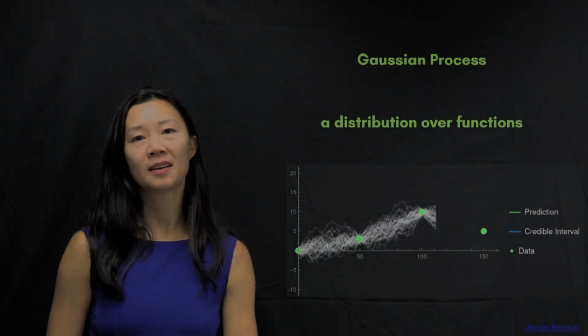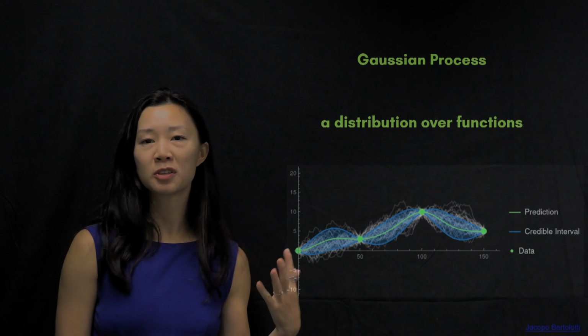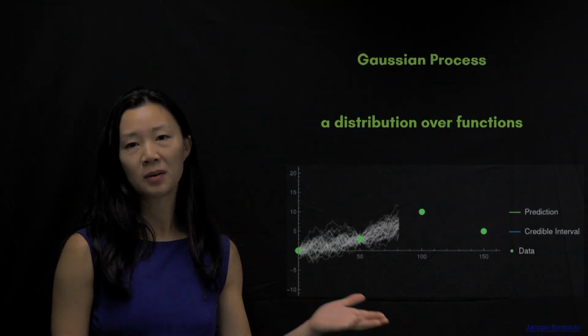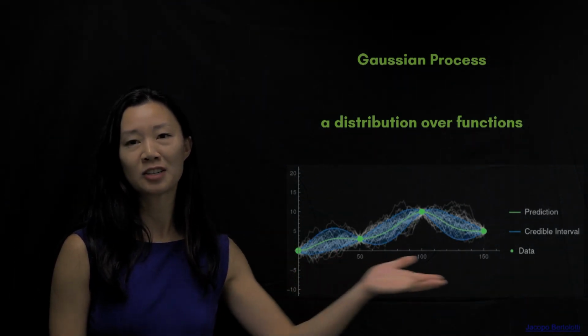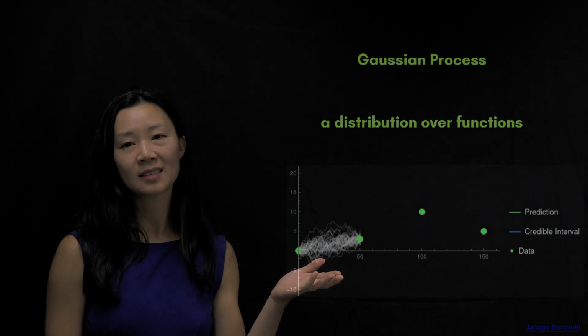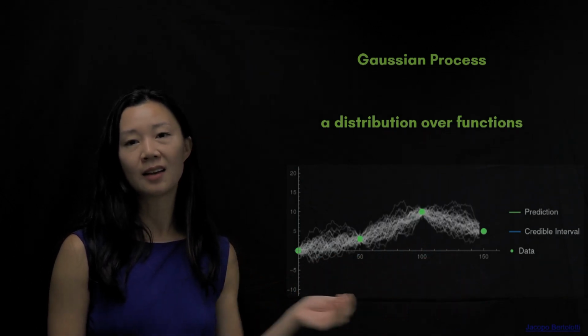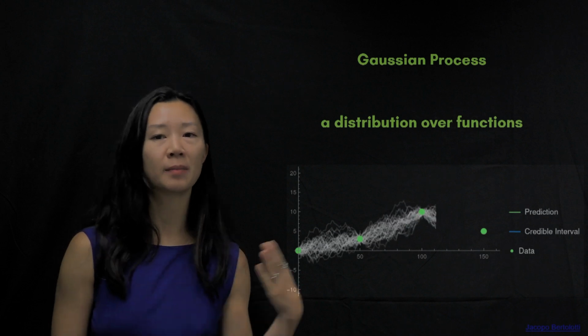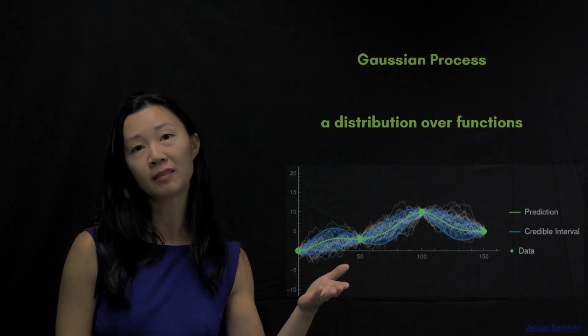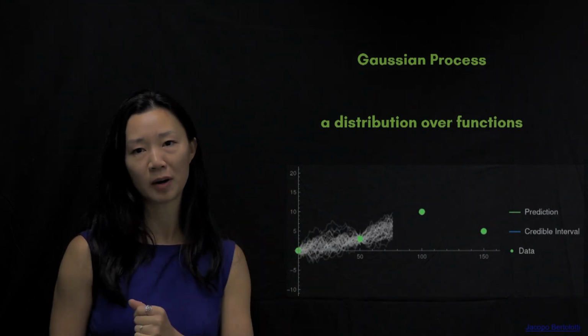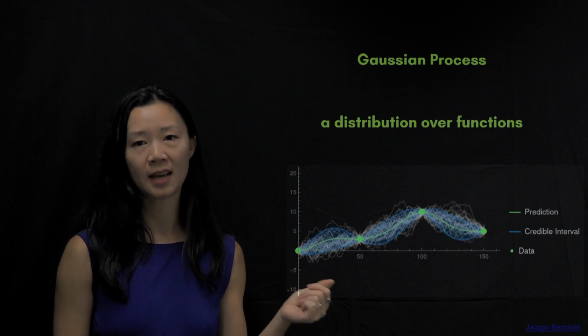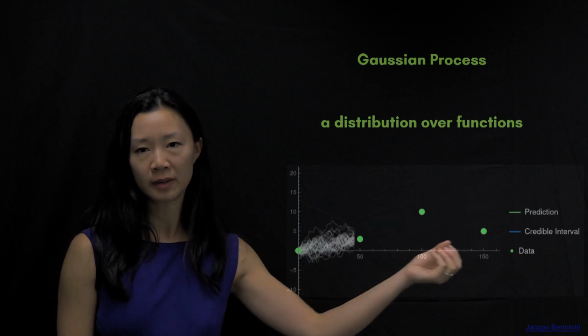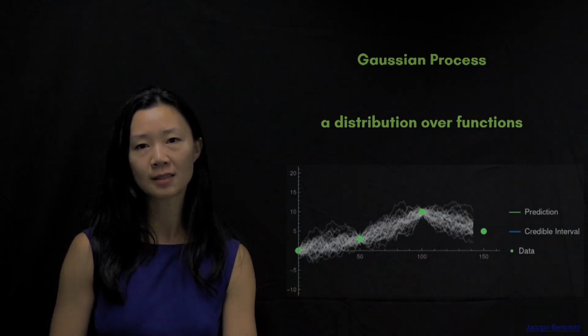Gaussian processes are a distribution over functions. And so what you're seeing here in this animation, on the horizontal axis is your input X, and then on the vertical axis is your output Y. And we're trying to find some mapping between X, the independent variable, and Y, the dependent variable. Let's say that we have 4 different data points, which are these 4 green dots.